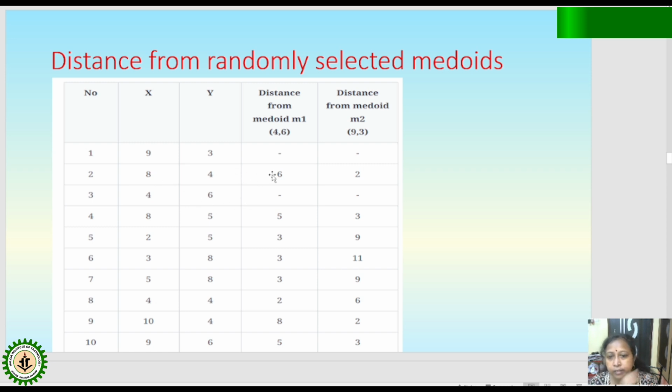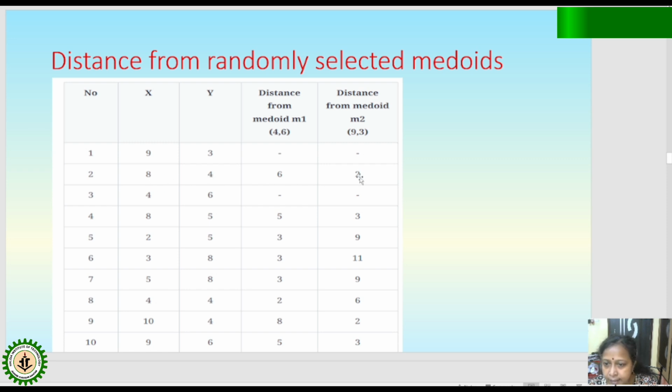After calculating the distance from 4,6, we find that the Manhattan distance is 6, and the distance of the data point 8,4 from the medoid 9,3 is 2. Now, this data point 8,4 is close to which medoid?